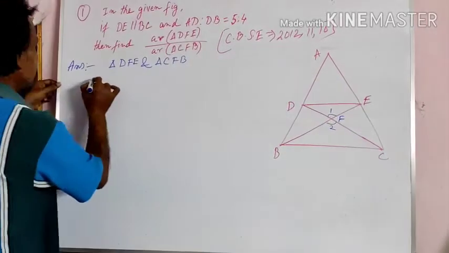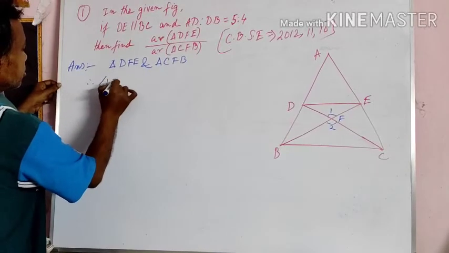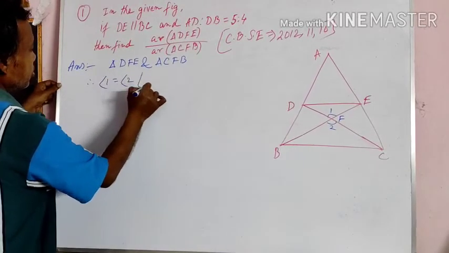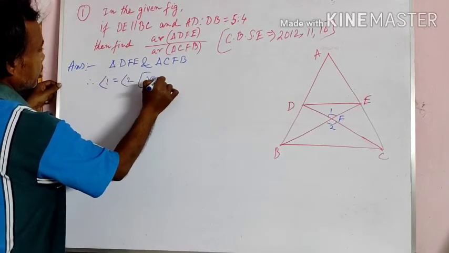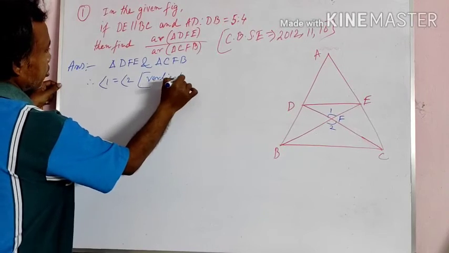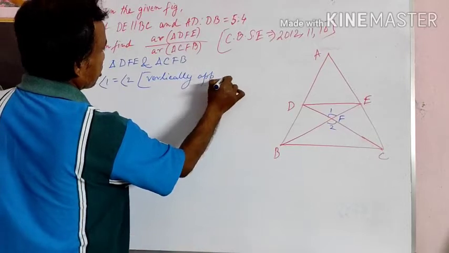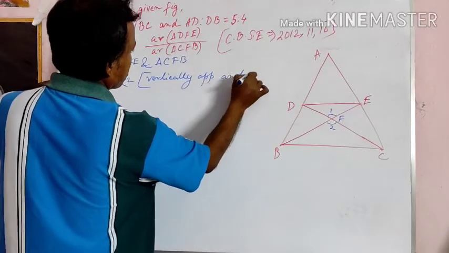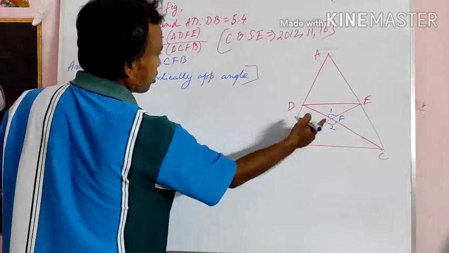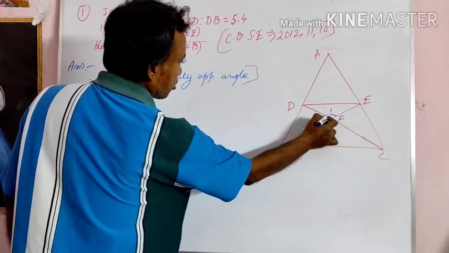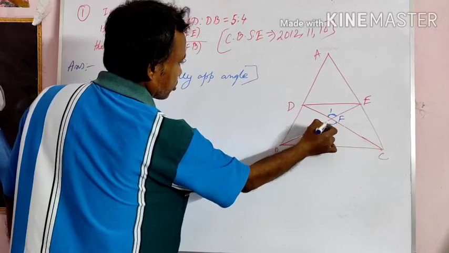Therefore, angle 1 is equal to angle 2 because they are vertically opposite angles.